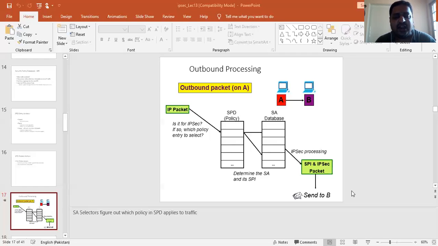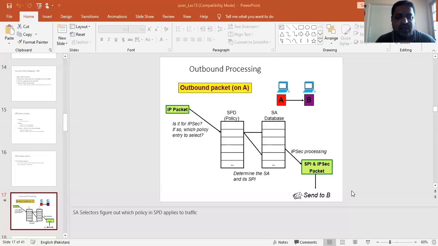So we define which packet can be given access to the system, and which packet cannot, with the help of the security protocol. If it matches the defined policy, then it is allowed to enter the network. If it doesn't match any policy, then it will not be allowed to enter the system.